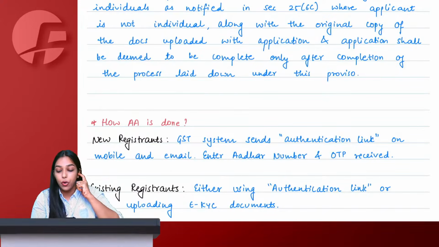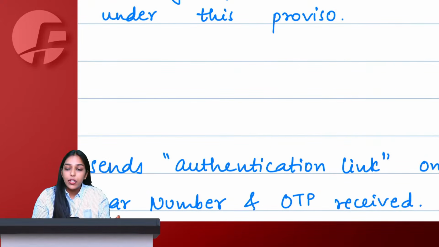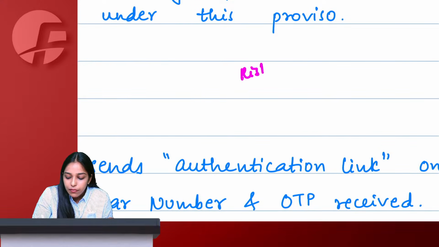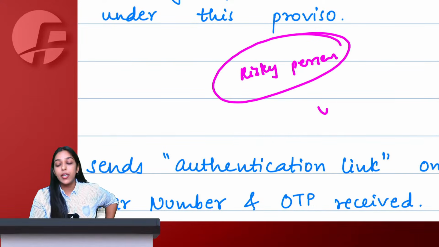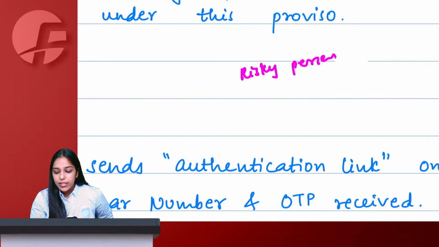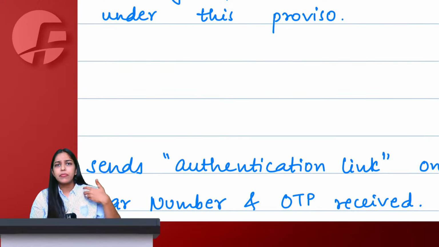once you make the application, the portal can identify you based on some kind of data analysis or risk analysis that you are a risky person. How is that possible, ma'am? Let's say I had done some fraud in the VAT era, in the service tax era. So of course I am a repeat offender kind of person. So we will say that yes, I may be a person identified on a risk basis.